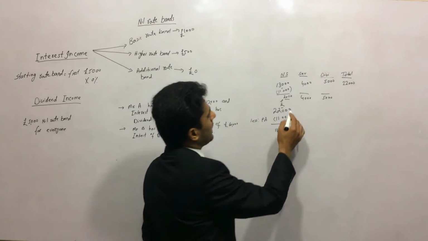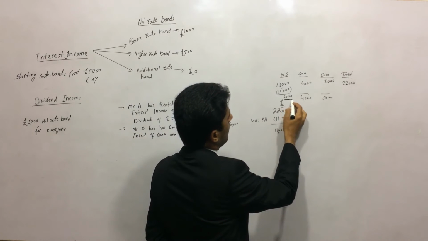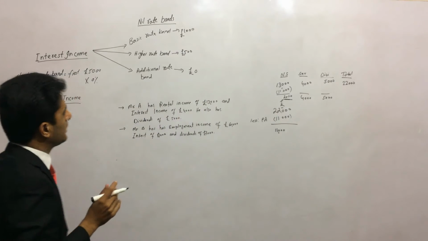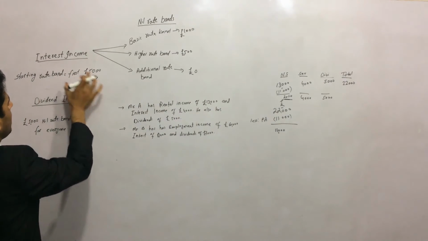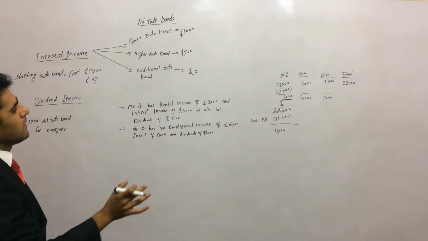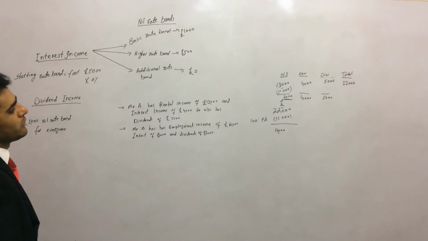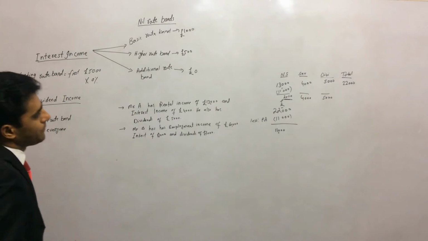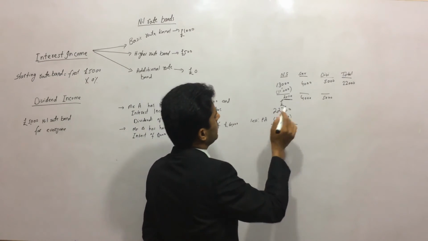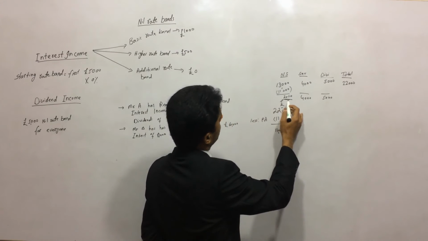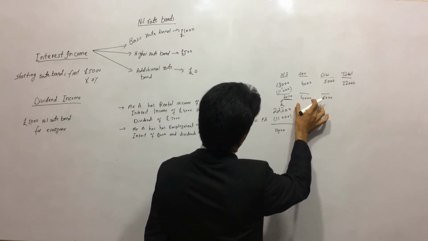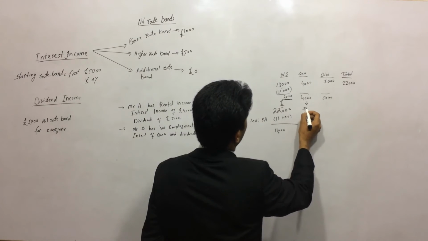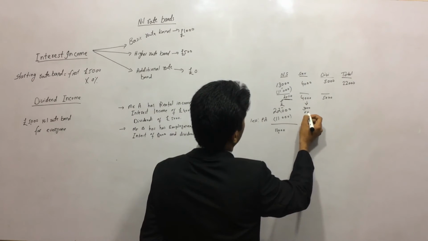See here, £2,000 here, so how much more is left? £3,000 more is left, isn't it? Whichever portion of interest income falls within the first £5,000 will be covered by the starting rate band. So 2,000 plus 3,000 is £5,000. Out of this 4,000, 3,000 will be at the rate of 0%.